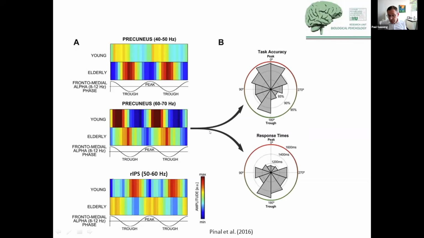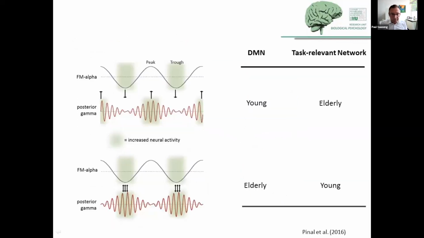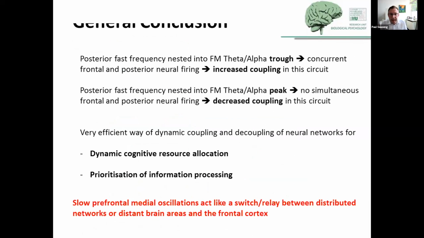So what you could say, taking all these different studies together, is that it seems as if the frontomedial cortex, the prefrontal cortex, and the slow activity over there works like a switch between different networks, depending on whether you have to couple a frontoparietal network or actively decouple this network.